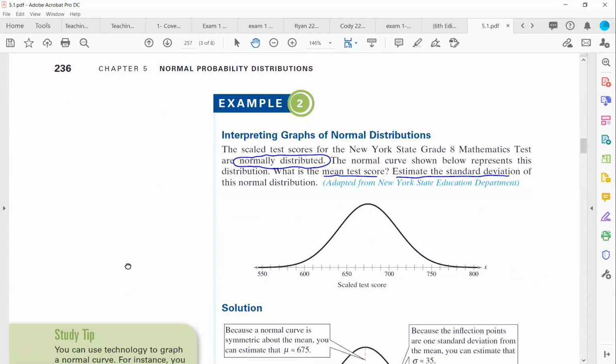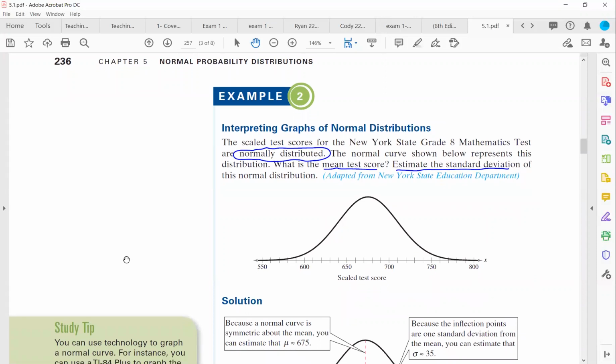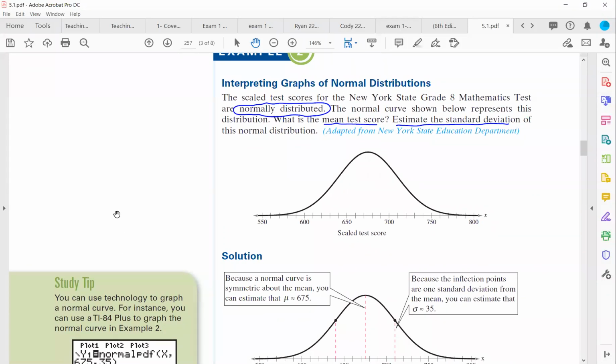Perfect. Let us look at our graph. We know that we have a normal distribution, so a number on the horizontal axis which divides this graph in halves is going to be our mean. Because of symmetry, our best estimation is going to be a number here.